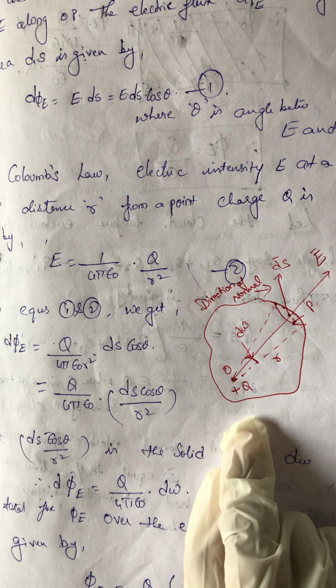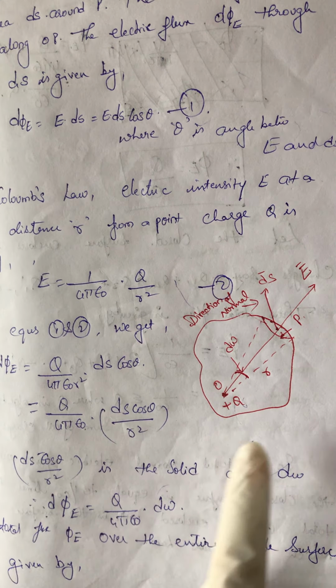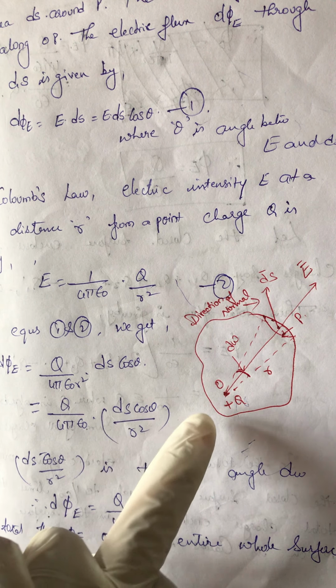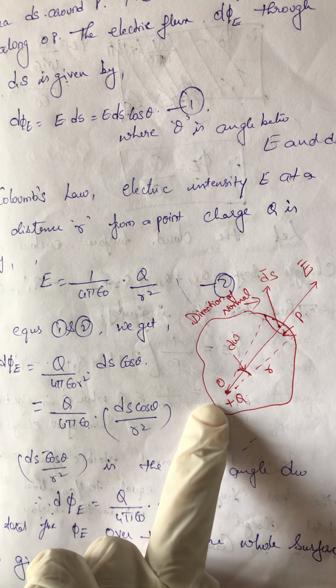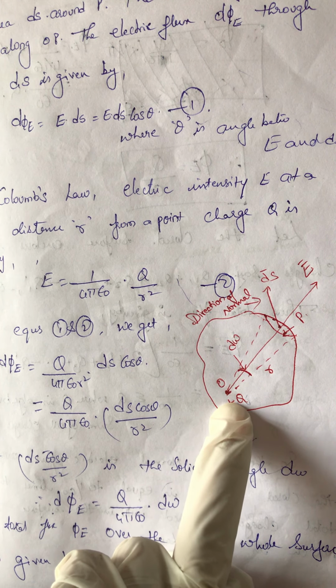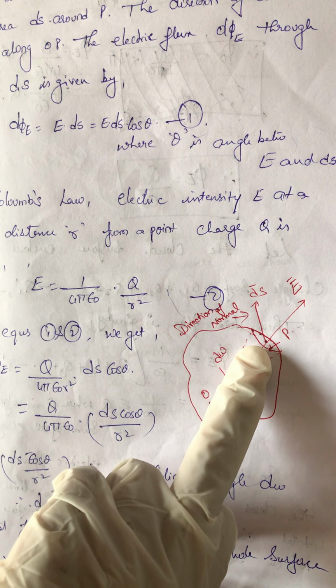Now we are going to see the first case. For that we have one figure. We have taken a surface, any irregular surface. Now any positive charge, plus Q at O, is considered. Now one point we have taken at the surface.